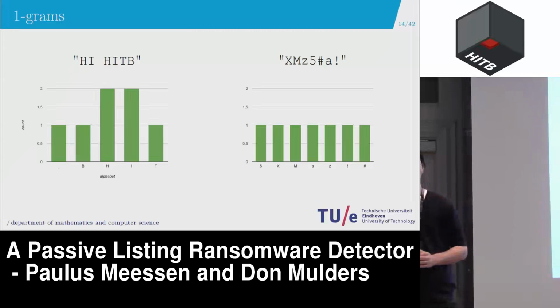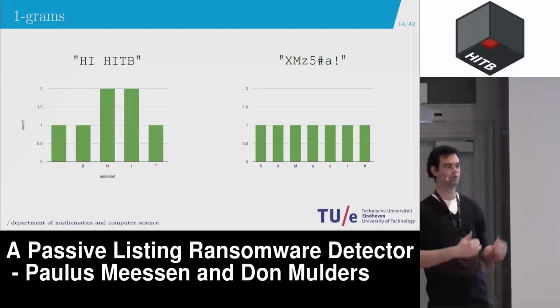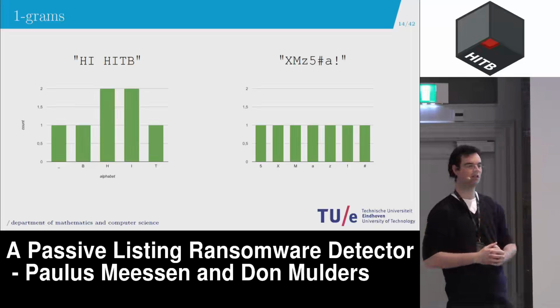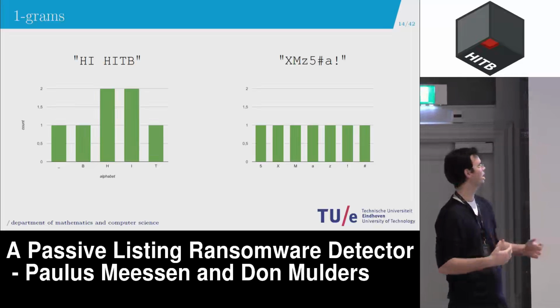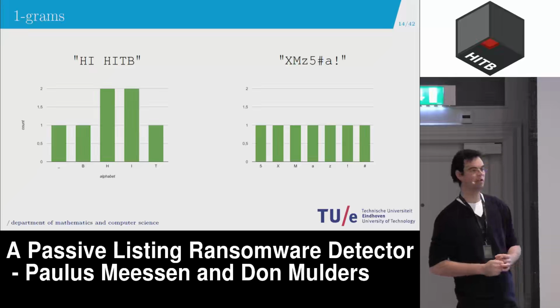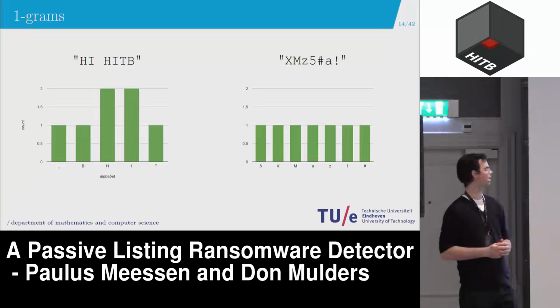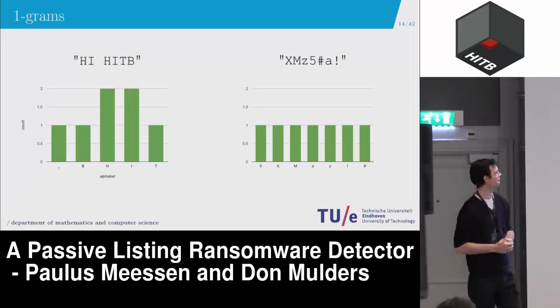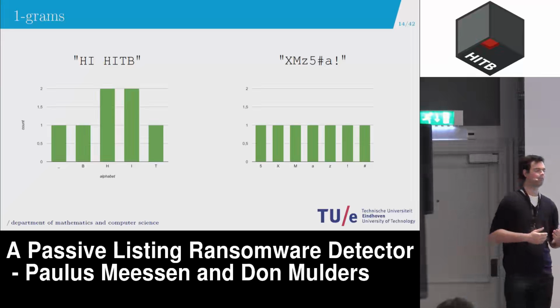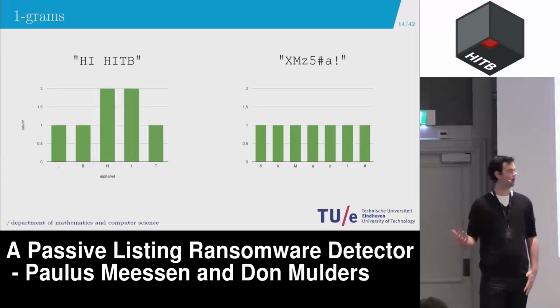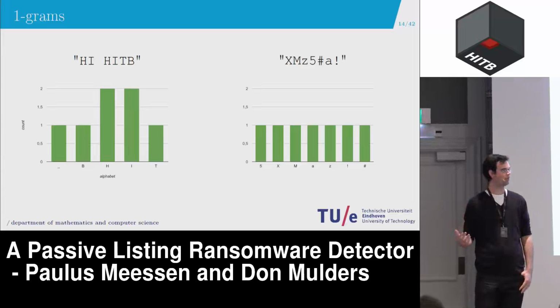The one on the left, the structured file, shows peaks, shows some regular occurrence of characters and some that are less regular. The file on the right has a very flat profile, which means that it's very hard to say which characters are used in this file because they all occur about as frequently.